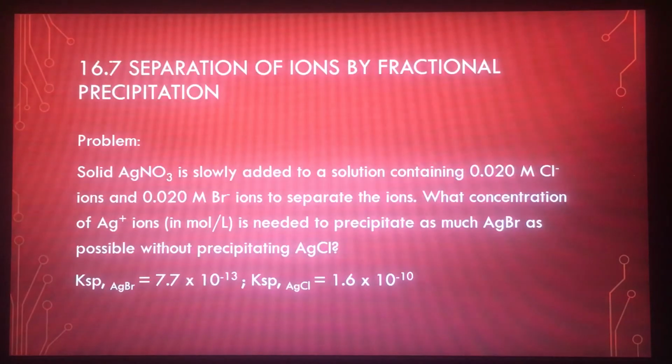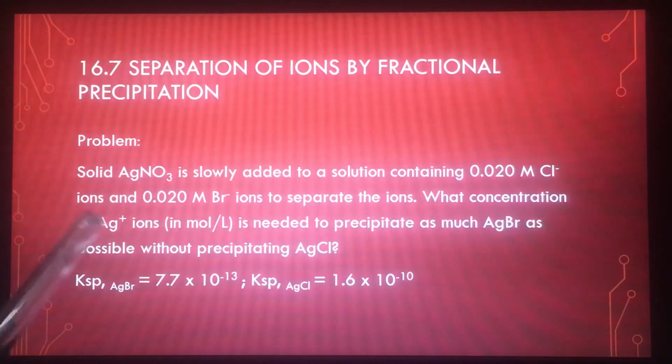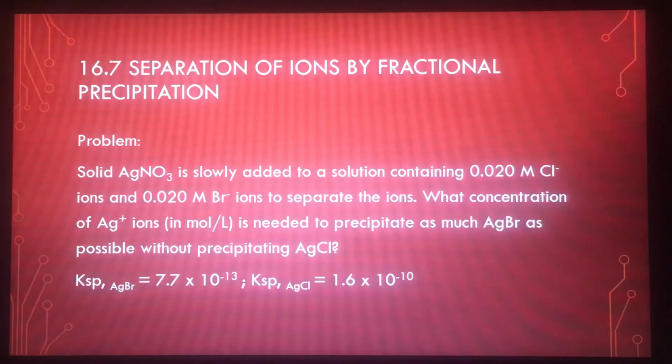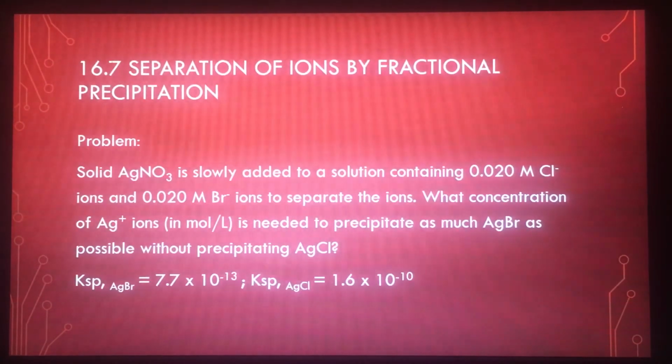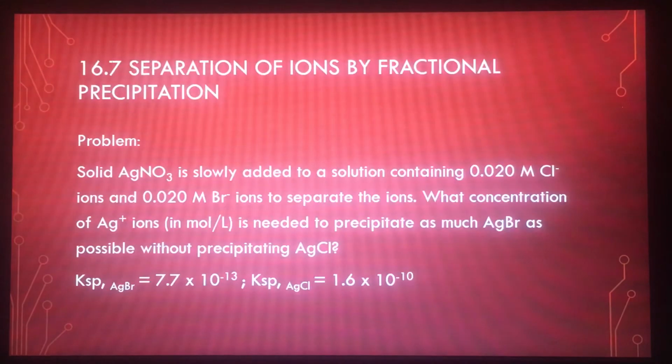In the question, it tells that the silver bromide will precipitate first before the silver chloride. And the question asks for the concentration of silver ions that will be added to precipitate this silver bromide without precipitating the silver chloride. So how do we solve this problem?